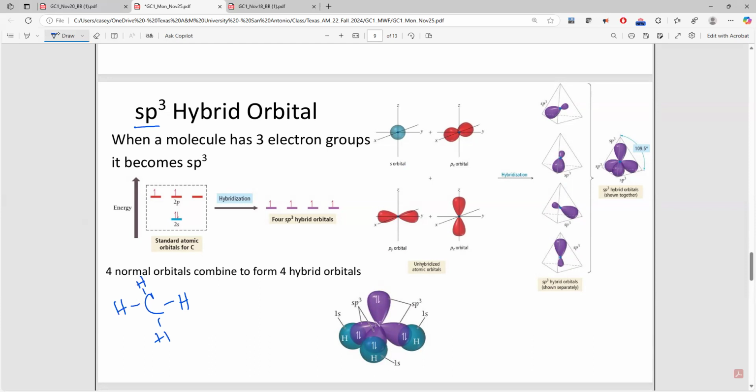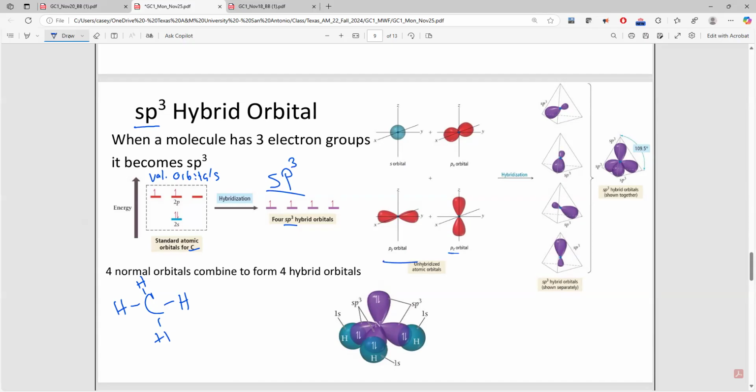What is happening for that carbon, you're going to combine all your valence orbitals and you'll make a new orbital. So you're going to combine your s and your 3 p's to make sp3. That's where the name comes from, right? I have 1 s orbital that is mixing with the 3 p orbitals. We now have a hybrid called sp3.